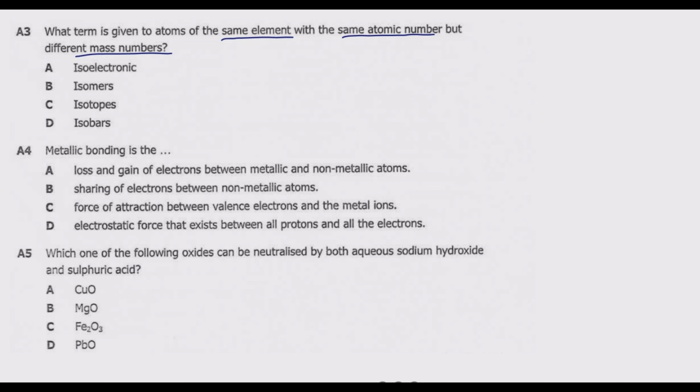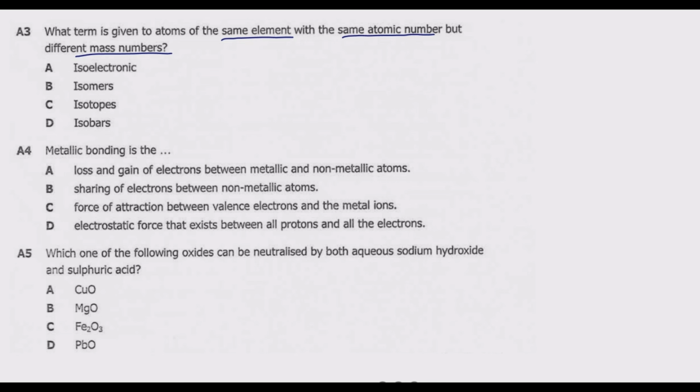Let's look at the options. We have A, isoelectronic. This refers to two atoms, ions or molecules that have the same electronic structure and the same valence. So A is not correct.